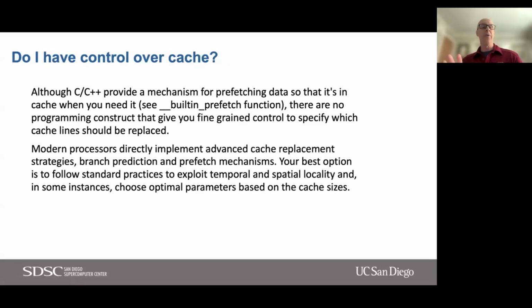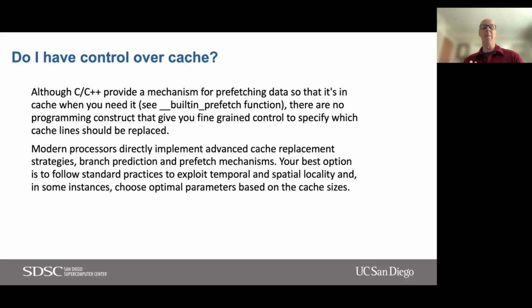One of the questions that usually comes up here is, do I have control over cache? If you're working in C or C++, there's a mechanism for prefetching data so that it's in the cache when you need it. And this is the double underscore built-in underscore prefetch function. But there are no programming constructs that give you fine-grained control to specify which cache line should be replaced.